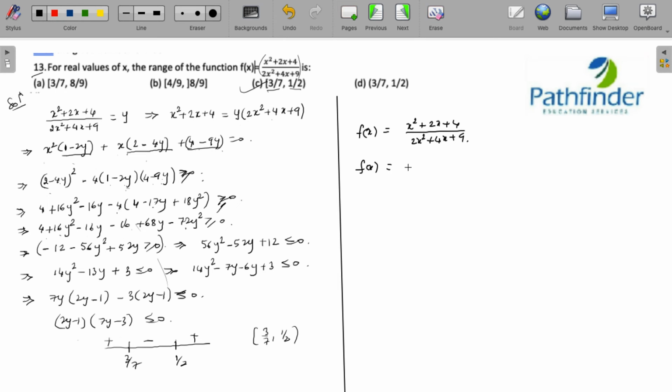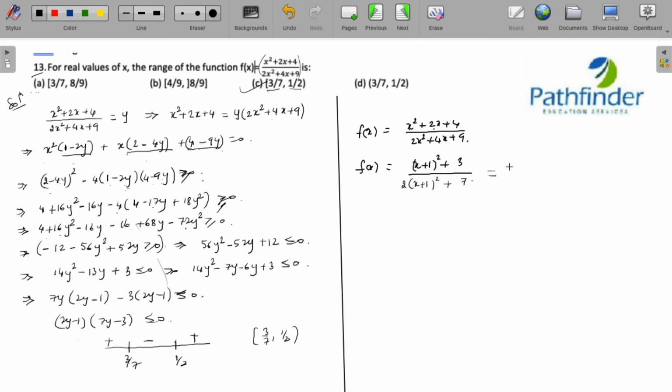You say f(x) is equal to, now you have x square, you have 2x, you can write this as (x plus 1) whole square plus 3. And similarly, I can write the denominator as 2 into (x plus 1) whole square plus 7.